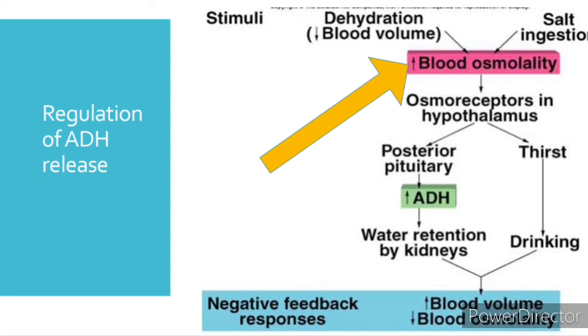On the posterior pituitary, it will tell ADH to be released and act on the kidney because the blood osmolality has increased. So ADH will work on the kidney, mainly the DCT and CD, that is the distal convoluted tubule and collecting duct. Okay, and it will increase the water reabsorption, right, and it will form concentrated urine.